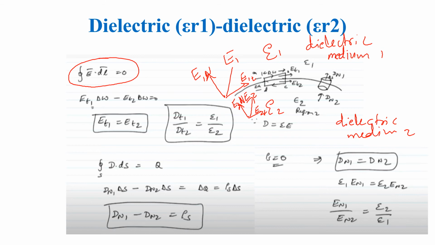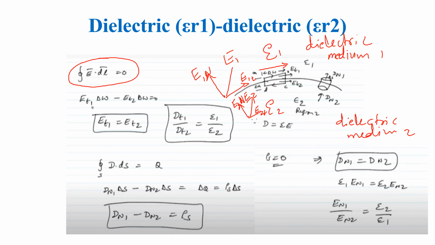One is for A to B, then B to C, then C to D, and D to A. So ET1 delta W. This integration can be done over A to B. For AB, we know that the electric field is in the tangential component, ET1 is in this direction, and the length also, delta W, is in the same direction.